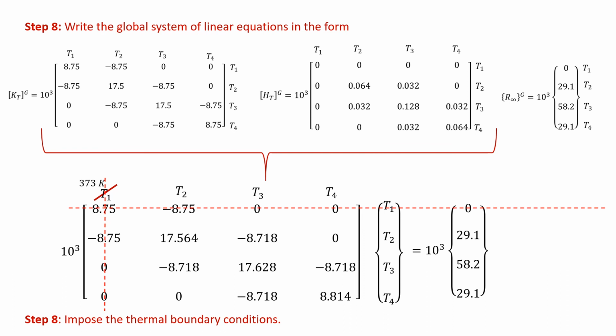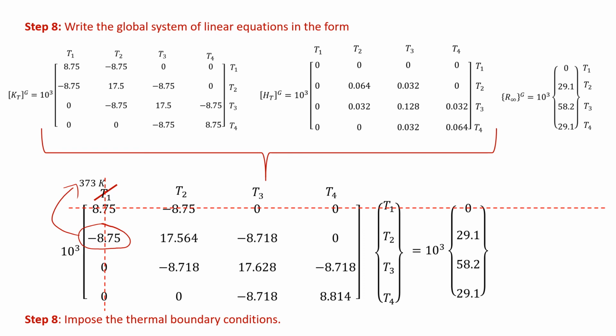Then similarly, we have to check column 1 for the other rows that are still active. For example, in this case, it's clearly shown that column 1 in row 2 has a non-zero value. When we multiply this value with T1, which is 373, it gives a constant value, and we have to bring this value to the right side.